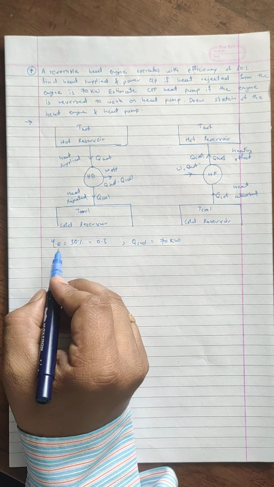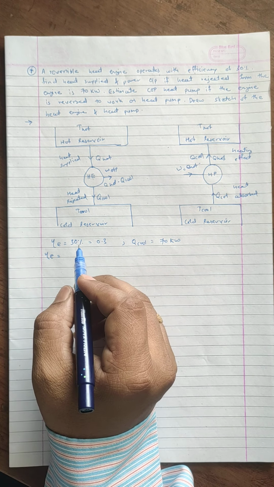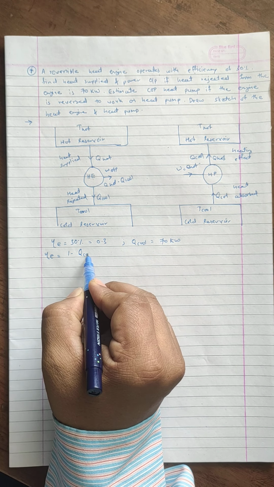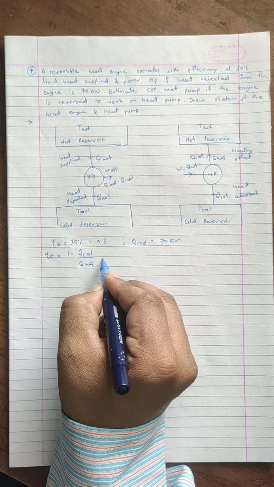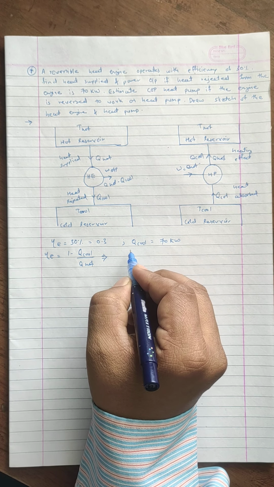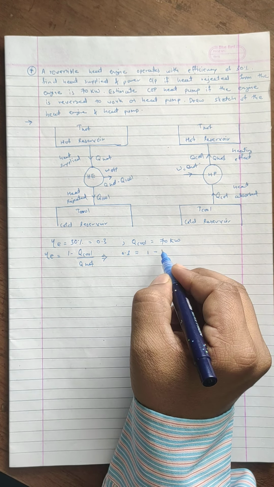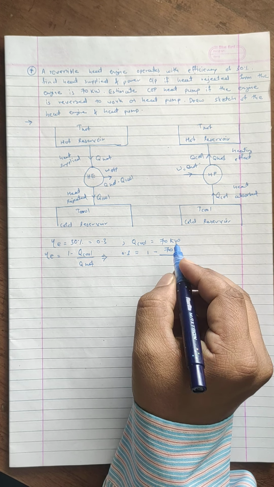Okay, so efficiency of an engine will be equals to 1 minus Q cool upon the Q hot. So it will be equals to 0.3 is equal to 1 minus Q cool is 70 kilowatt, so 70 upon Q hot.